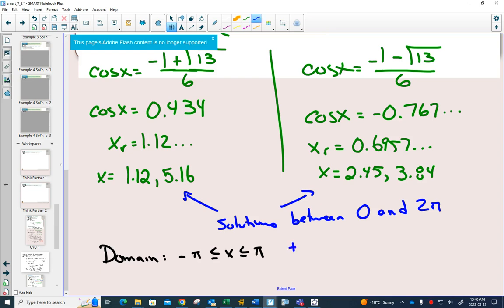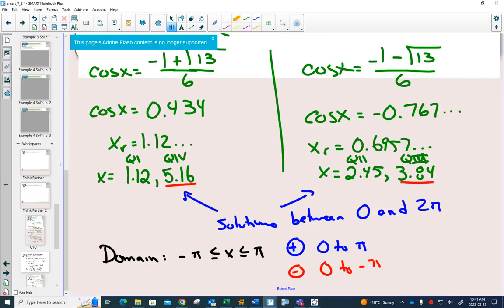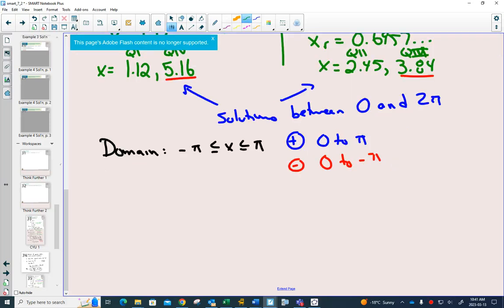So we have to think in the positive direction, this is 0 to pi, and in the negative direction, from 0 to negative pi. We're going to do a label here. This one was quadrant 1, this one was quadrant 4, this was quadrant 2, this was quadrant 3. Which answers do we have to change? We're going to have to change this one in quadrant 4 and this one in quadrant 3. So our solutions will be x equals.